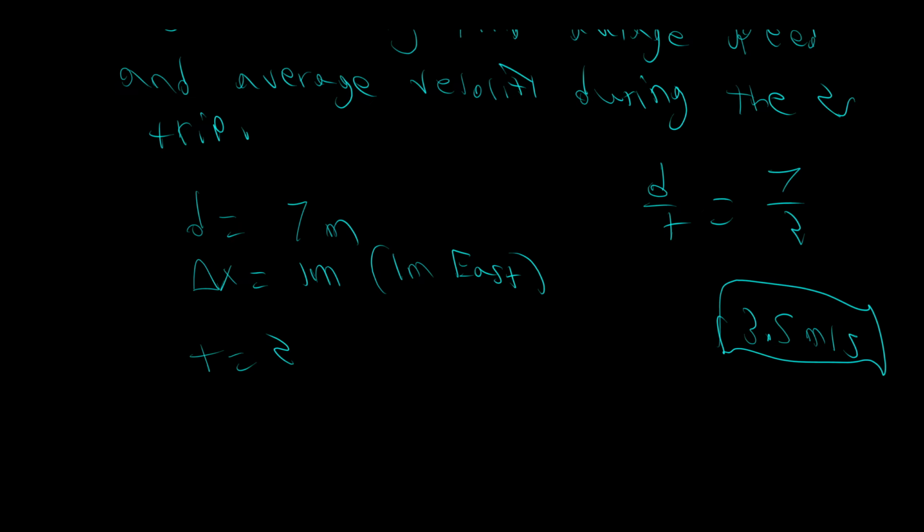It's displacement over change in time. And our change in time was 0 to 2, so it's 2 minus 0. So that means that change in x is 1 divided by 2, which is equal to 0.5 meters per second.